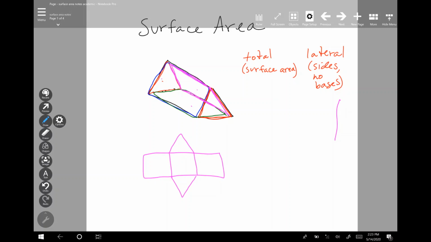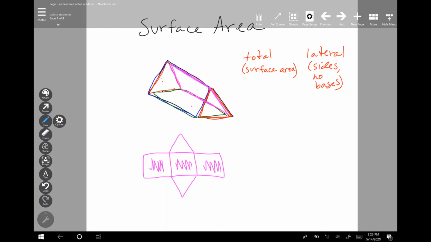If I'm just going to do the lateral surface area, that means I only want the sides and no bases. Remember, a prism is named for its bases. So if I want the lateral, I only want the side, no bases. If we're dealing with a triangular prism, I would not want the area of the two triangles. If I want the lateral surface area for a triangular prism, I would only want these three rectangles.